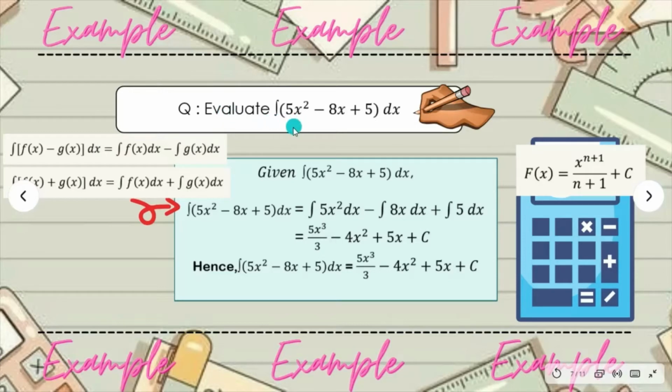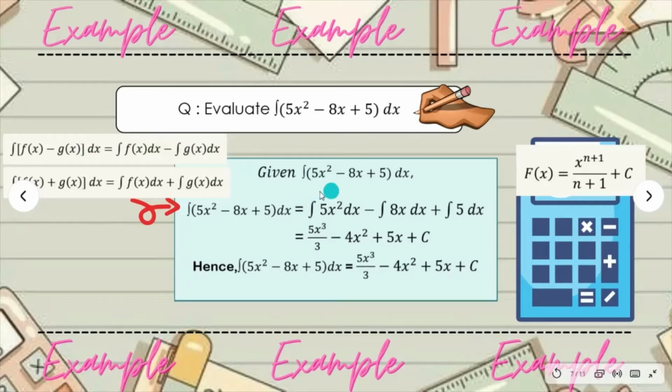Evaluate the integral of 5x to the power of 2 minus 8x plus 5 with respect to x. So here we will use two of the properties of indefinite integral, where we separate each element in this function.